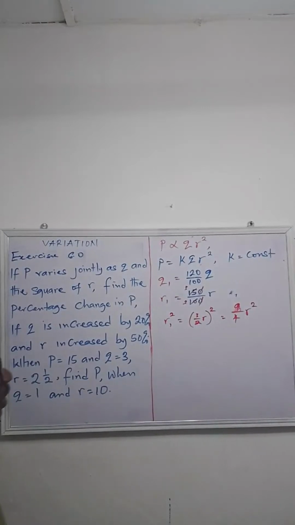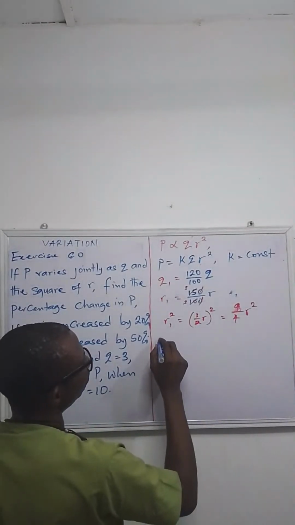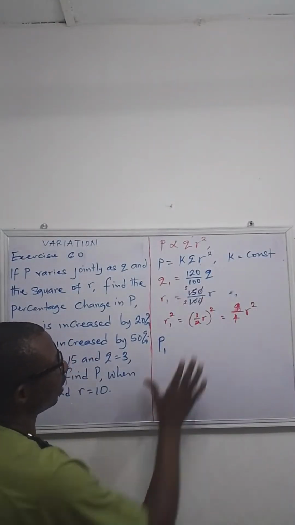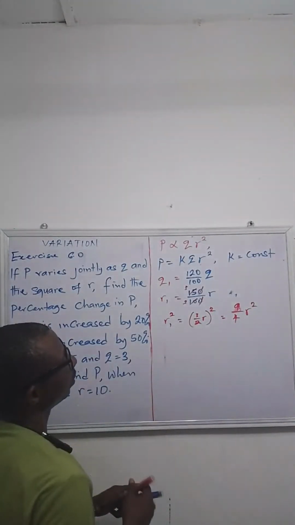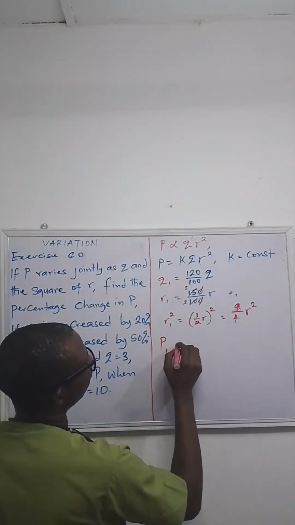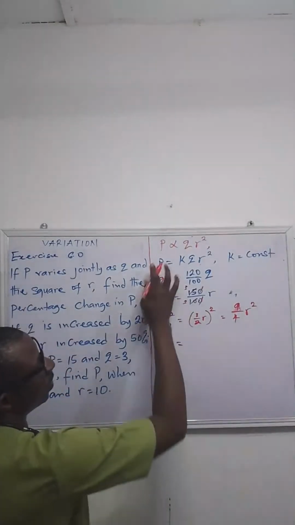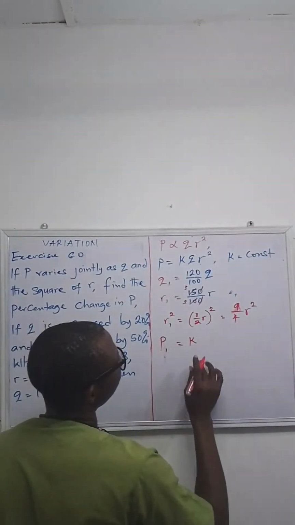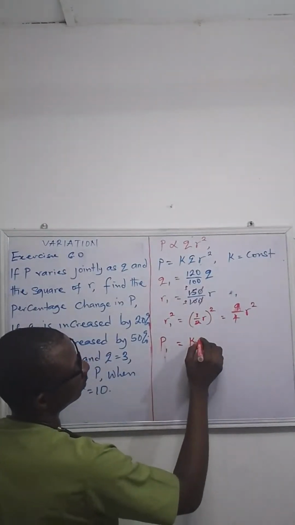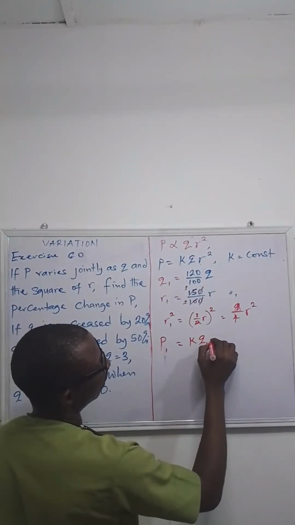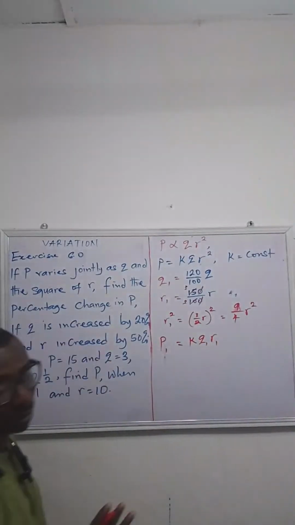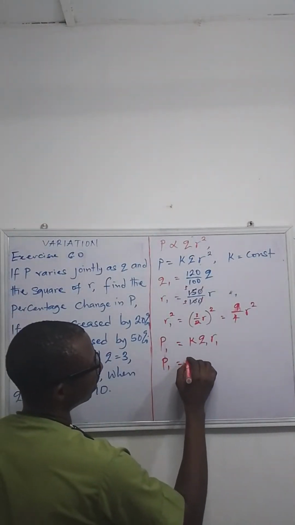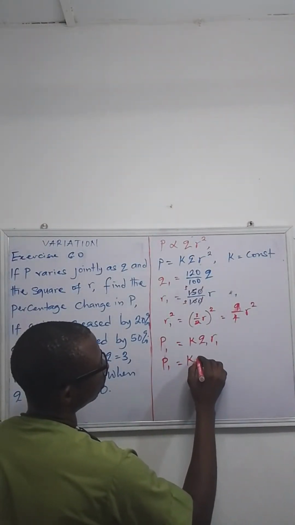So we have P1, the new P, equals K Q1 R1 squared.